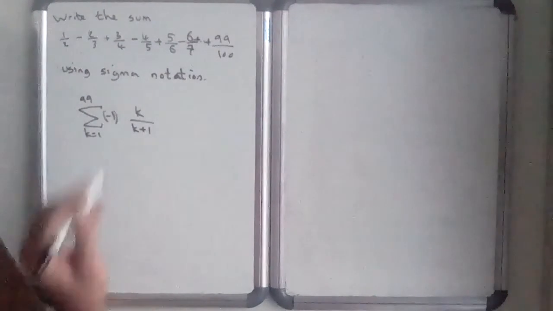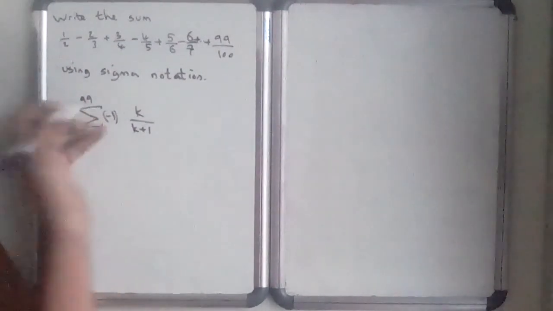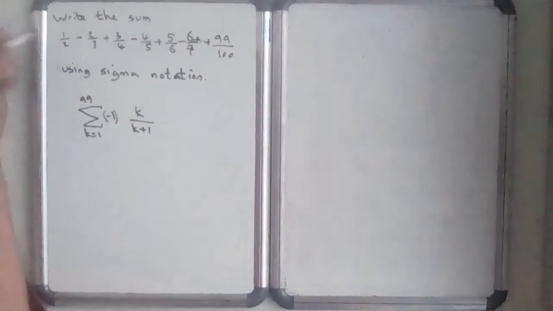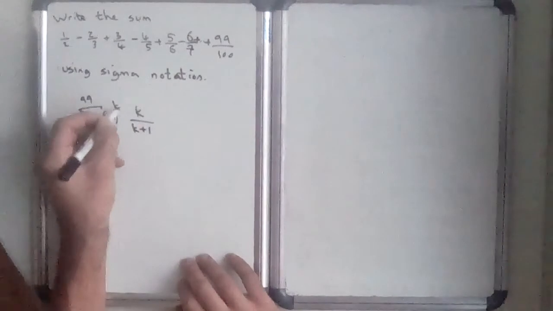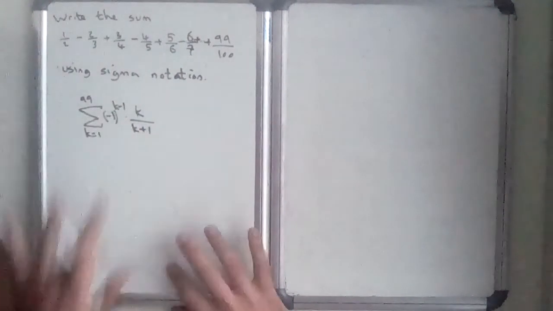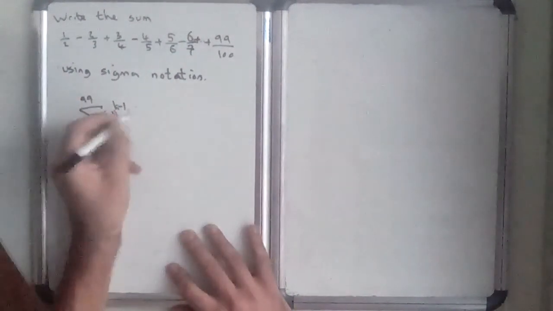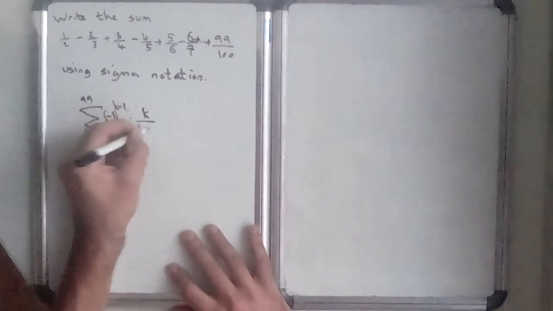Minus 1 to the 1 would be minus 1, but I want it to be 1. So I can either go k plus 1 or k minus 1, and the standard way of writing it is k minus 1. I just left myself not quite enough space, over k plus 1.